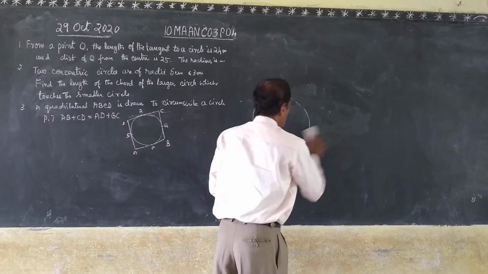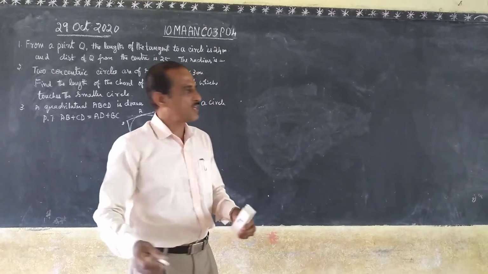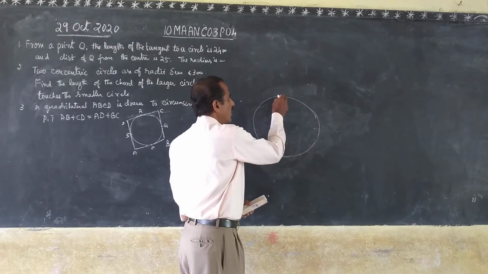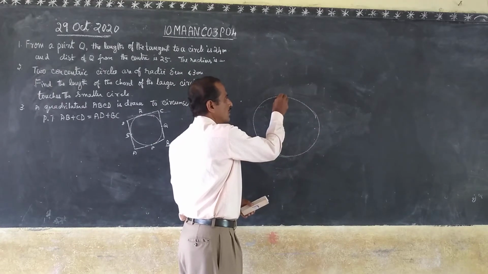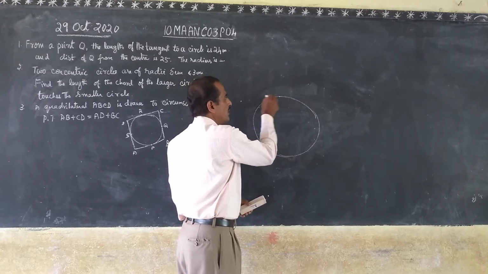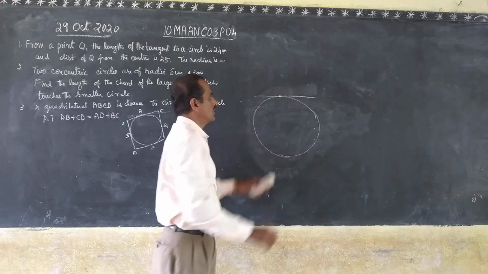Now let us see how many tangents can be drawn to a circle. How many tangents can you draw to a circle? You can draw many tangents. For example, this is a point. You can draw a tangent like this. So this is a tangent at this point.